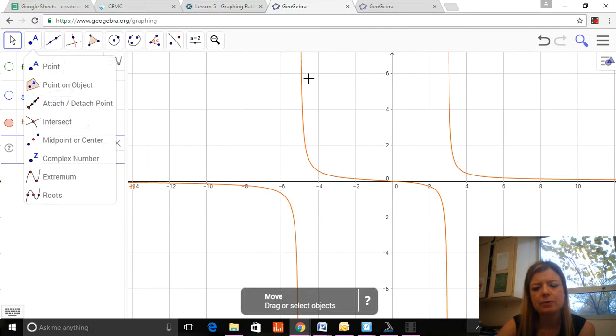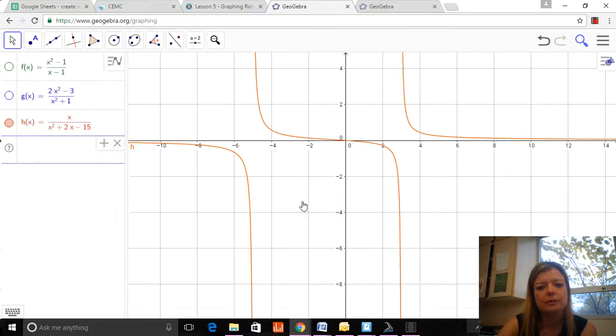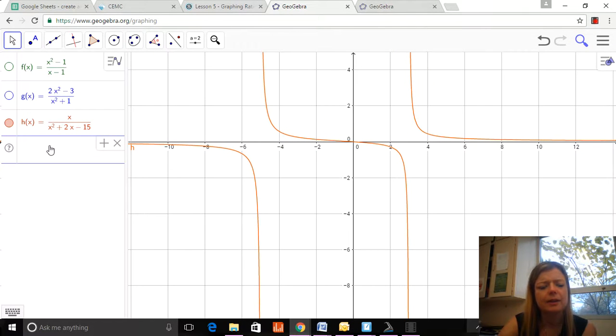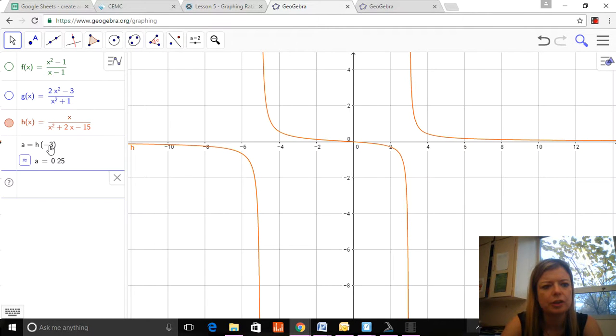okay, you'll notice that it is quite shallow here. This section goes almost horizontal for a while and then just drops right off. Okay, same thing in here. If you wanted to do h at -3, you can actually calculate points right on GeoGebra, so that's pretty cool.